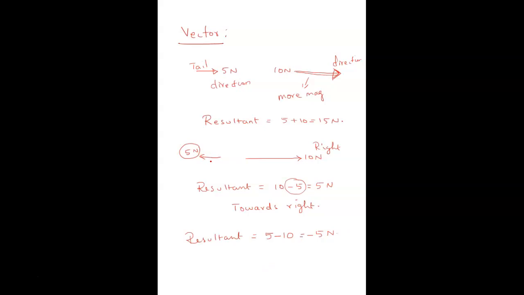So you have taken positive for the left and negative for the right. A negative answer means the direction is right, because you have taken negative for the right. So your answer is still the same, towards the right.